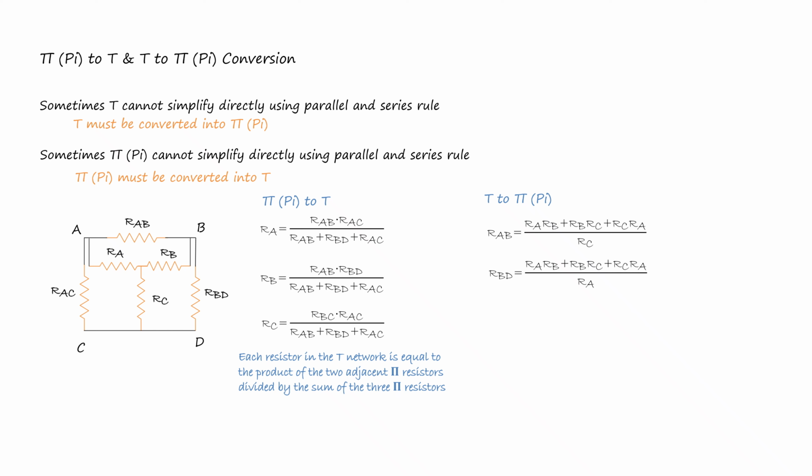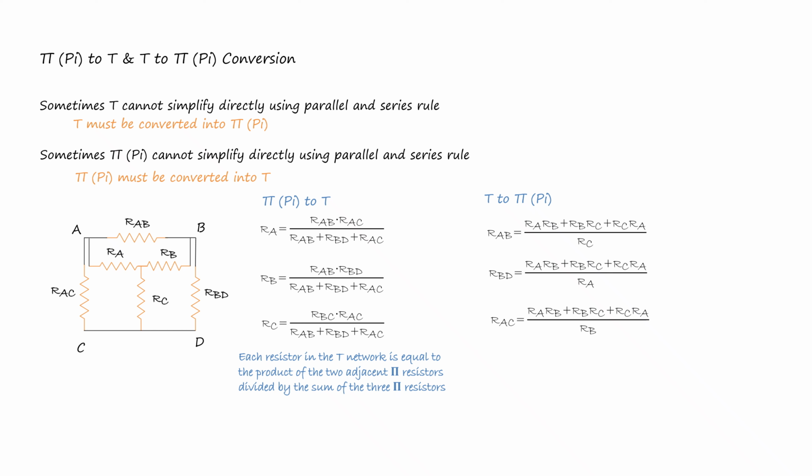And RBD is equal to RA times RB plus RB times RC plus RC times RA, divided by RA. And the last one, RAC is equal to RA times RB plus RB times RC plus RC times RA, divided by RB.